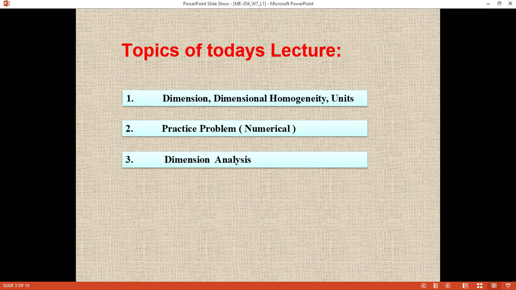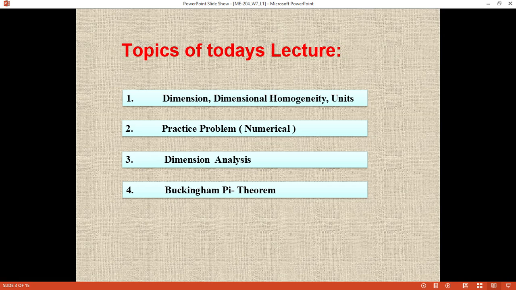And after complete understanding of dimensional homogeneity and units and doing some practice problems, we will see what is dimension analysis, why do we do dimension analysis, and what we achieve by doing dimension analysis, and what are the techniques we use to perform dimension analysis. And after that we will see one of the methods of dimension analysis, which is Buckingham Pi theorem, if the time allows, in today's lecture.